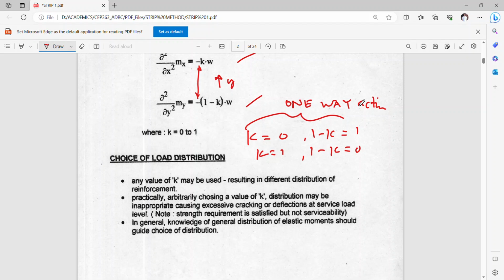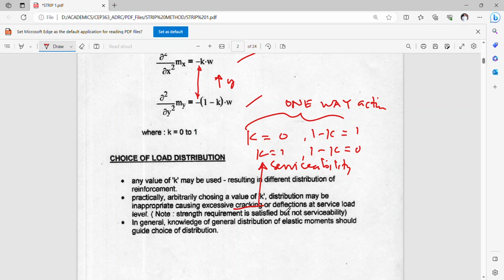So for the second criterion, if we practically arbitrarily choose a value of k, the distribution may be inappropriate, causing excessive cracking or deflection at the service load level. So note that the strength requirement is satisfied but not serviceability. Cracking is a serviceability issue. It doesn't mean that when a slab cracks, then failure is imminent.